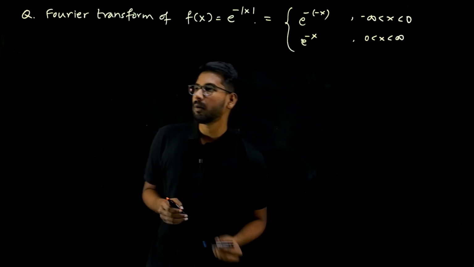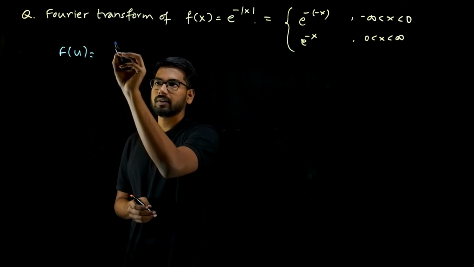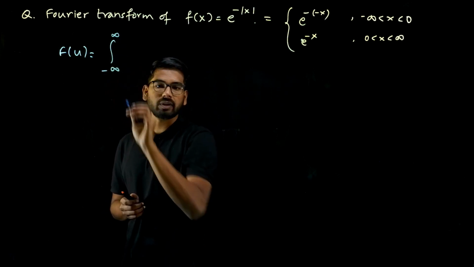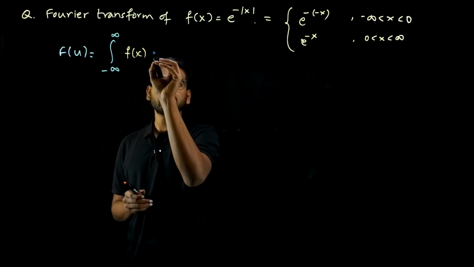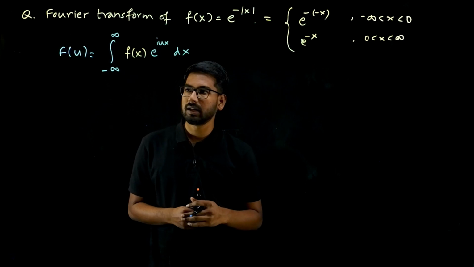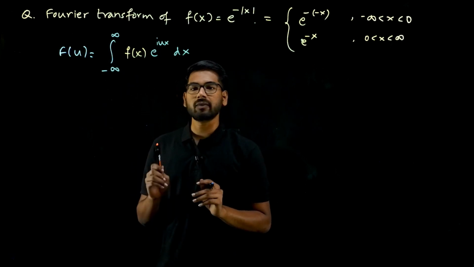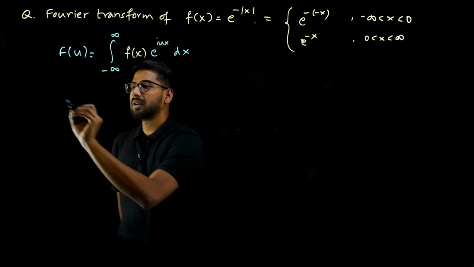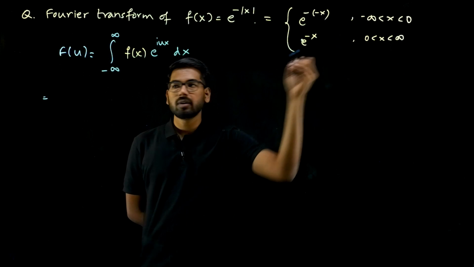So what is the Fourier transform formula? We know F of u, the Fourier transform, is the integration from minus infinity to infinity of f of x, the given function, times e power iux with respect to x. That integral from minus infinity to infinity is now split into two intervals.